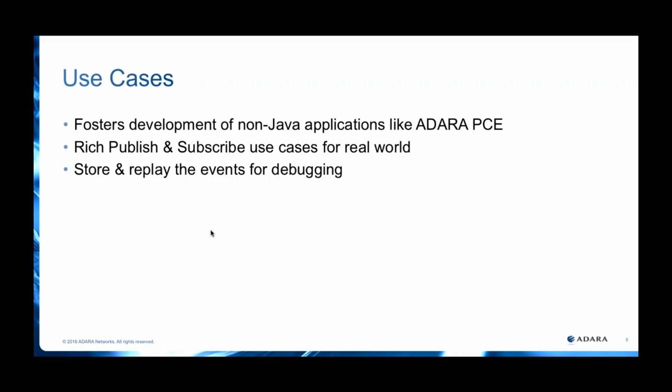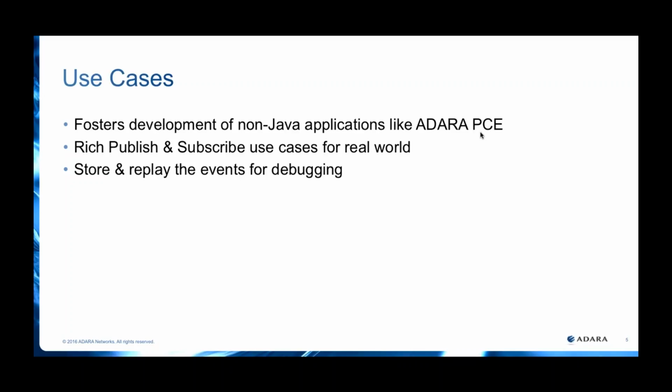All this work is going towards that. That was my next slide. We wanted to have support for the Adara path computation element, which is being used in CORD and CORD 2.0. We are proposing Adara PCE as the main path computation element inside the CORD ecosystem.